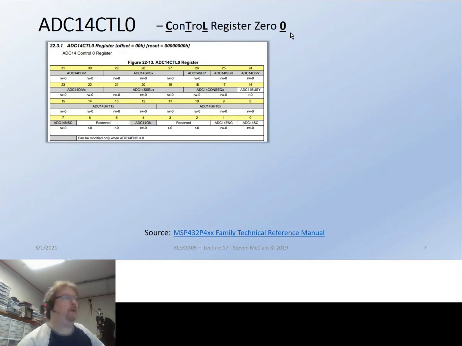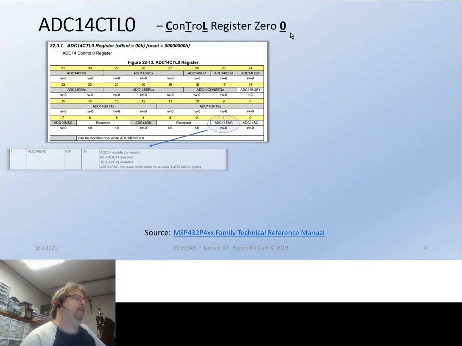This is a 32-bit processor, so nominally its favorite way of addressing memory is 32 bits at a time. Well, okay, this first bit here is very important. This is the enable conversion bit. It's different than the start conversion. This is basically the enable.